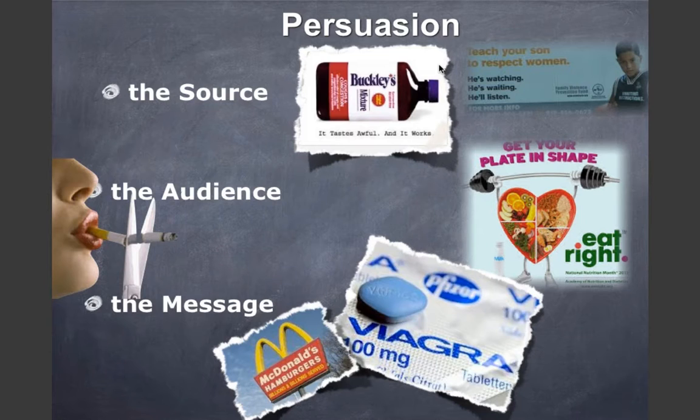Then I'll show both sides of an argument. The appeals based on fear, if you do this, you're going to die, are most effective when definitive actions are outlined so the audience can avoid the fear item.